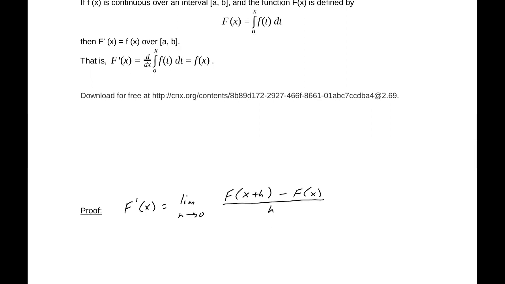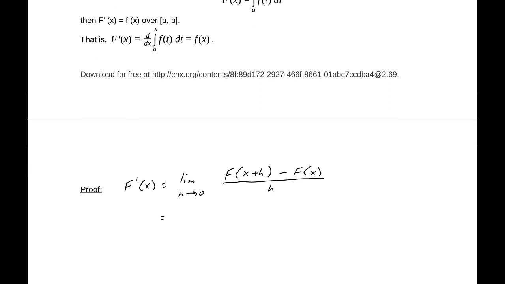So this is going to be equal to, I'm going to rewrite this as the limit as h goes to 0 of 1 over h, factoring that out, times the integral from a to x plus h of f of t dt minus the integral from a to x of f of t dt.